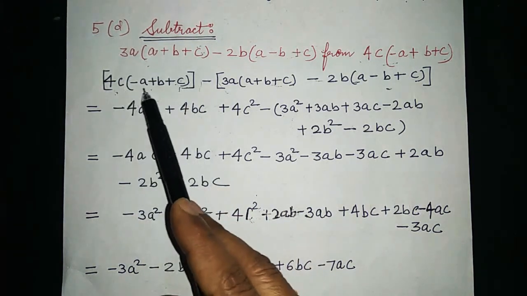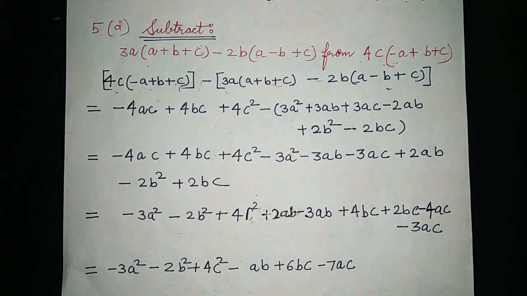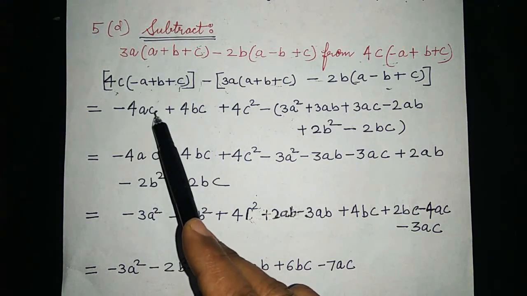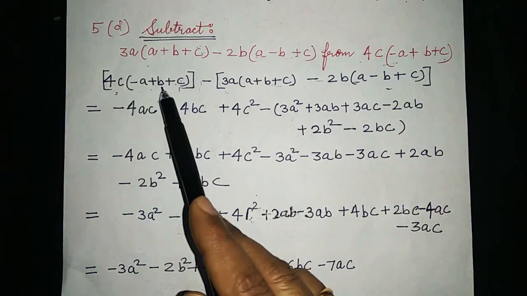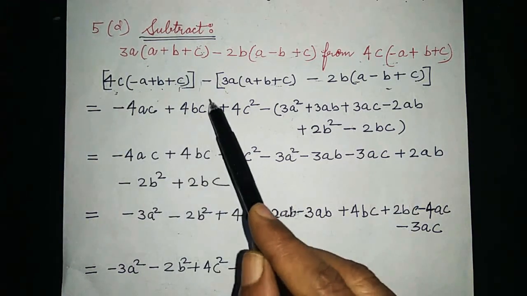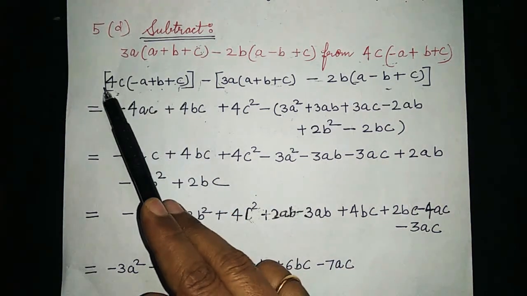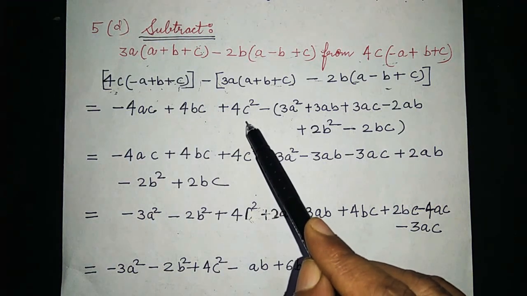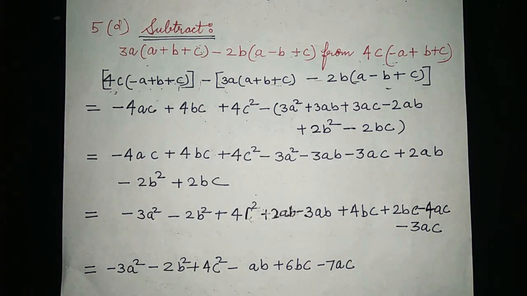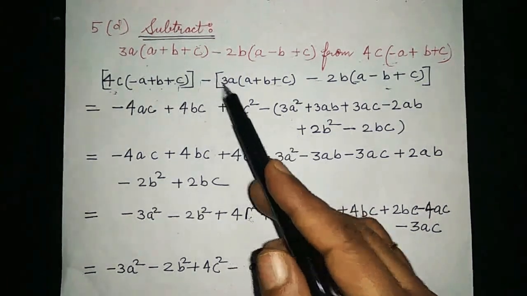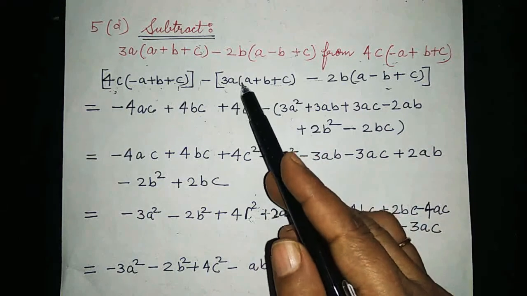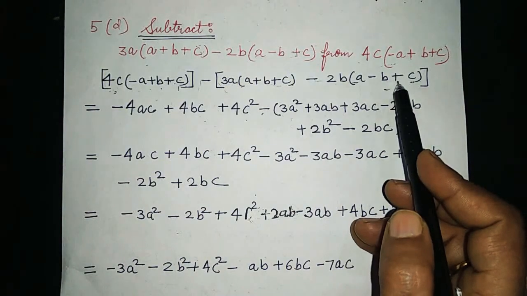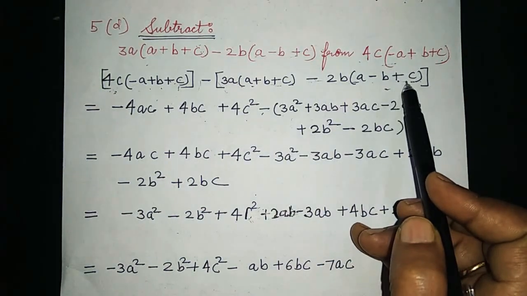First we will multiply this monomial and this trinomial using the distributive property. 4c into minus a is minus 4ac, plus 4c into b is plus 4bc, and plus 4c into c, what will come? 4c square. After that we will put this minus sign. First we will solve this expression, and we will solve these terms of the bracket.